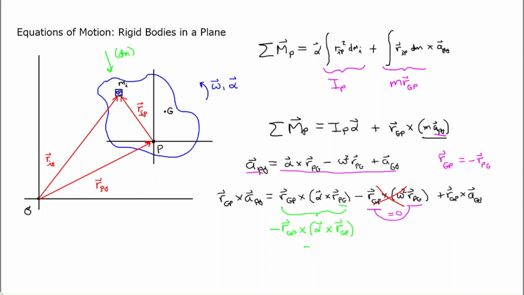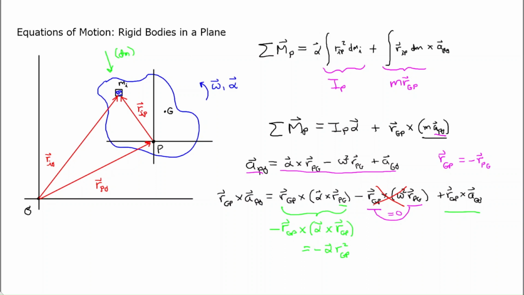Otherwise, we get to use our BAC-CAB rule on this again, like we did a little while ago on the first screen. So this is going to be the minus, and then alpha, and then R sub GP squared. At that point, it doesn't matter if it's PG or GP. It's a magnitude squared. This last term stays the same.